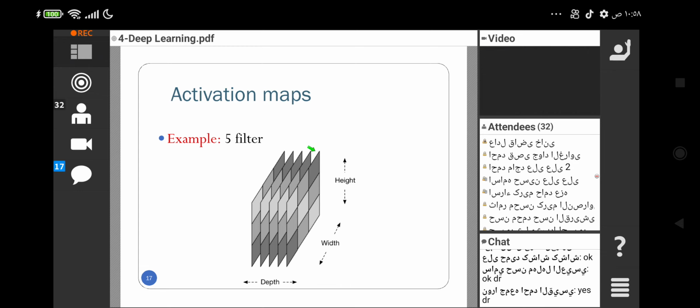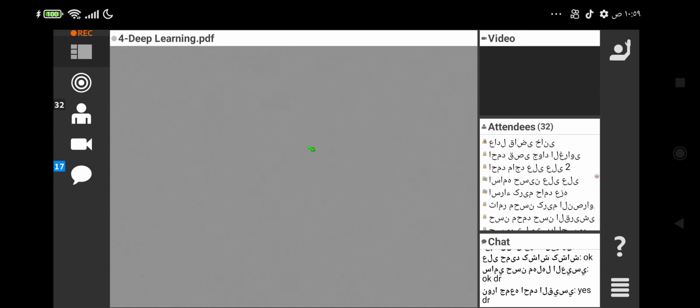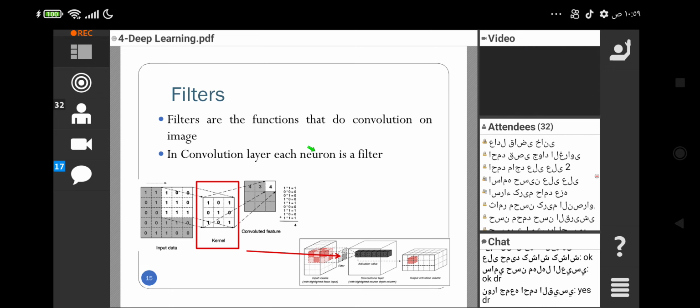The answer is that the weights that are being set in the learning of the convolution layer are the values inside this kernel. One of you asked, are the values inside the kernel fixed? No, they are set in the learning process of the convolution layer.